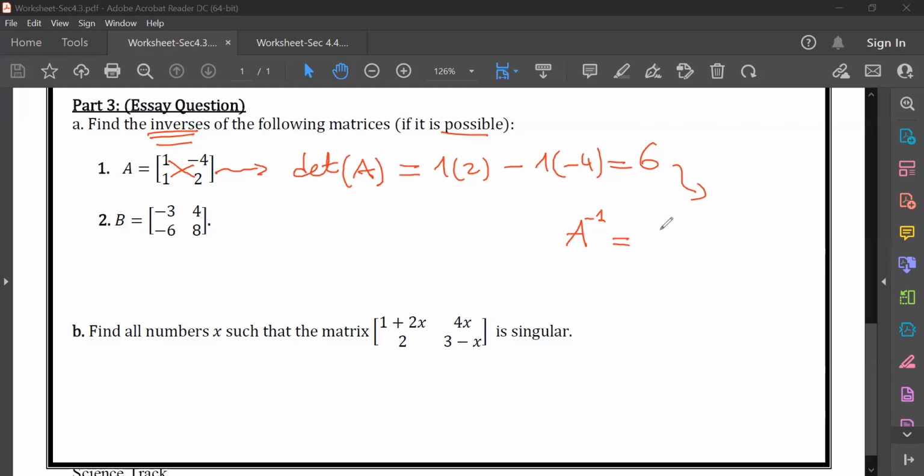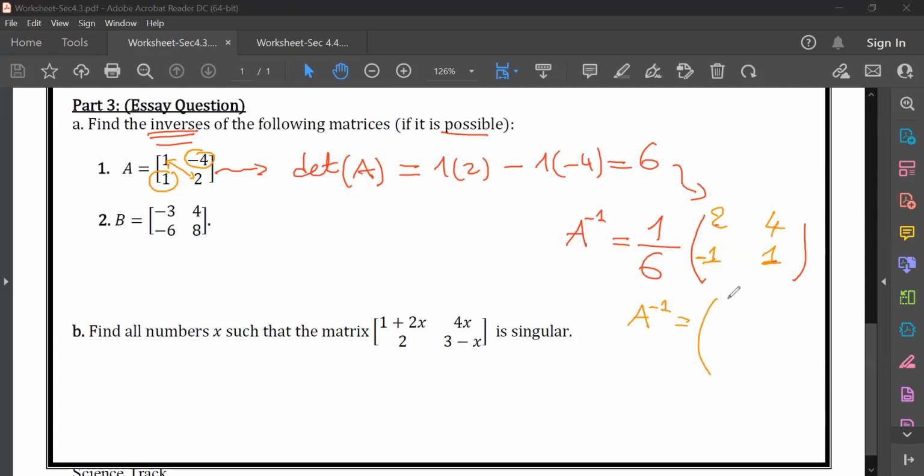Yeah, 1 over the determinant of A, meaning 1 over 6, times the matrix of order 2 obtained by switching the position of these two elements. Then 2 comes here, 1 comes here, and switching the signs of these two elements: this is minus 1 and this. This is the inverse matrix of A.